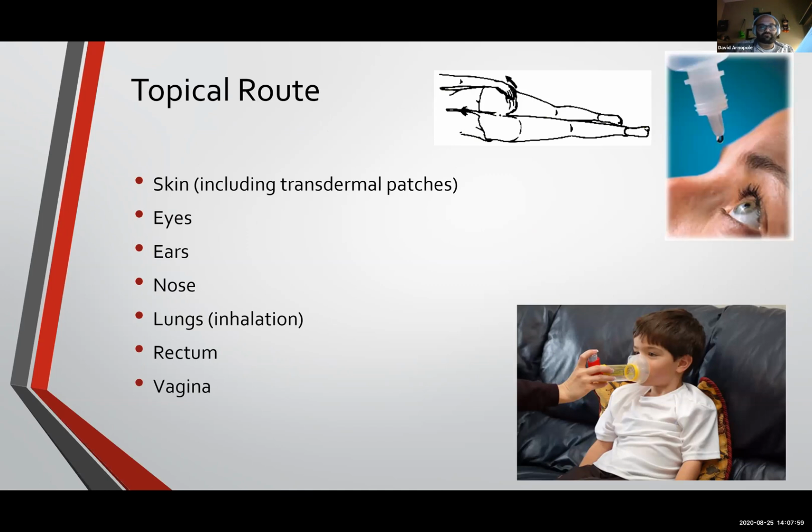Topical. There's lots of different types of tissue on here, but all of these are considered topical. Okay? Skin, eyes, ears, nose, lungs, rectum, vagina, all can be considered a topical route for medications. With topical routes, you have to be careful.